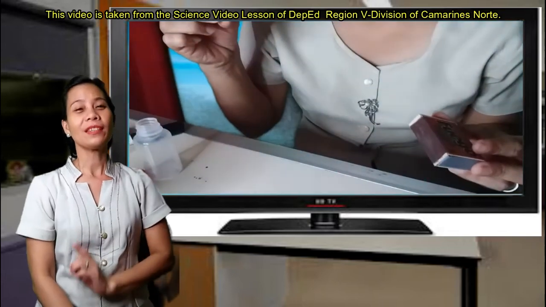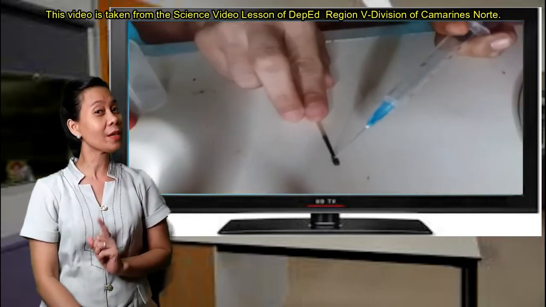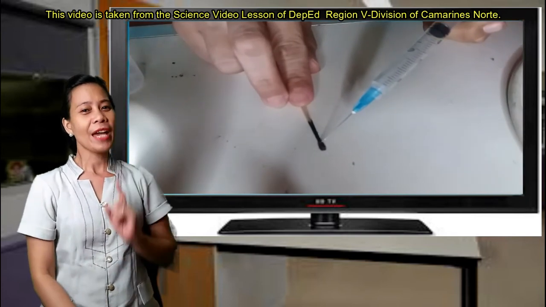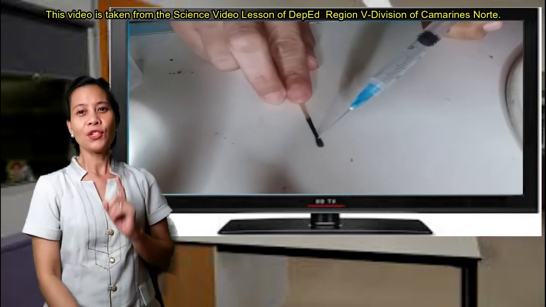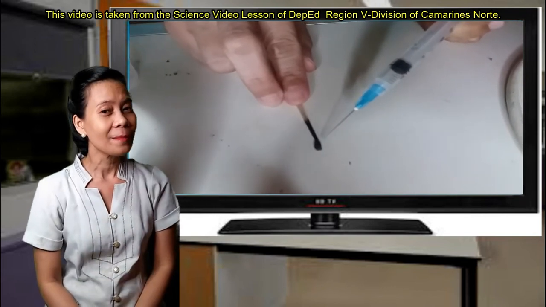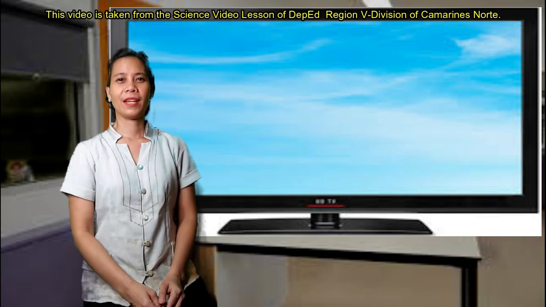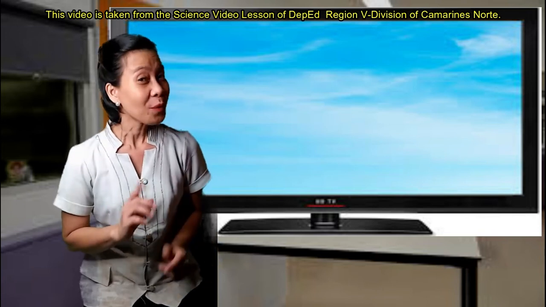Again, using the syringe, extract hydrogen from the vessel with the red wire. Inject the gas collected to the glowing tip of the match. What did you observe? The flame did not glow, right? Meaning oxygen is no longer present. Alright class, we're done.